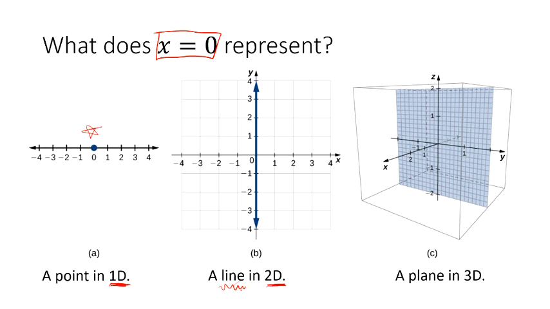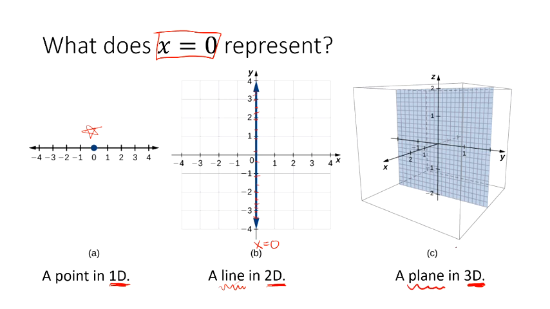Right, and the equation of this line, that's where my y-axis is at, is exactly x is 0, because every point here has the x-coordinate to be 0 and the y-coordinate could be anything. Right? Now in three-dimensional space, that's what we just looked at, x equals to 0 means a plane now, right?